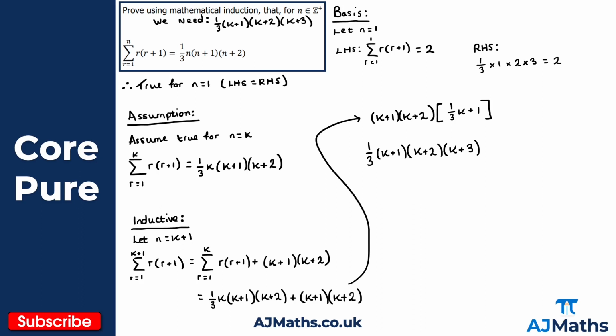And then finally, we just need to give a conclusion. So for the conclusion now, as we did for the previous question, we just need to run through each step. So as this was true for n equals 1, and if this was true for n equals k, as we assumed here, let's just make a note of that.